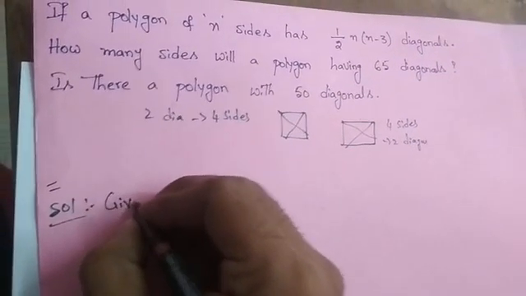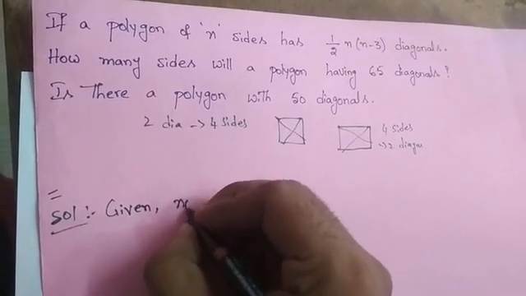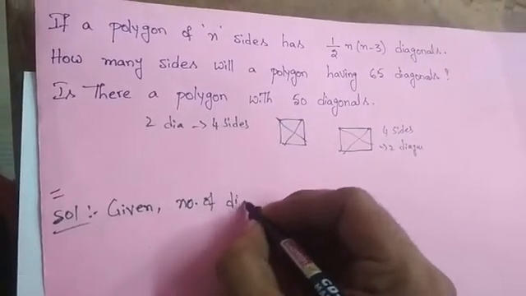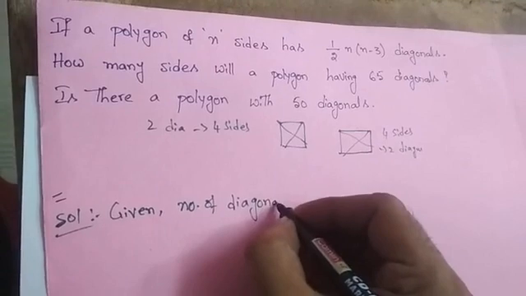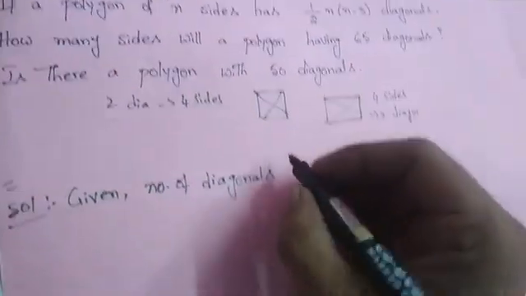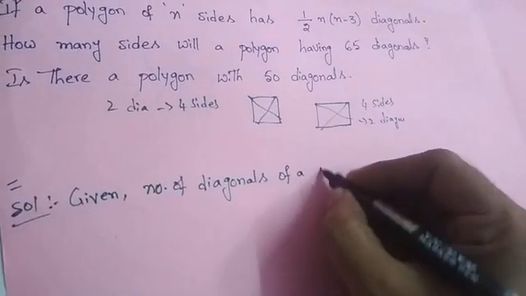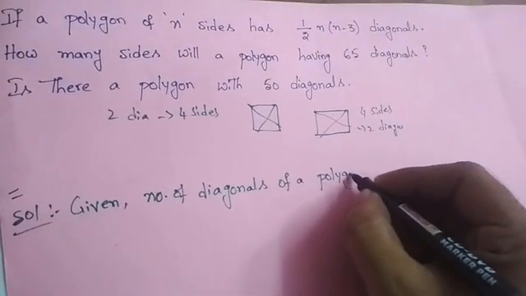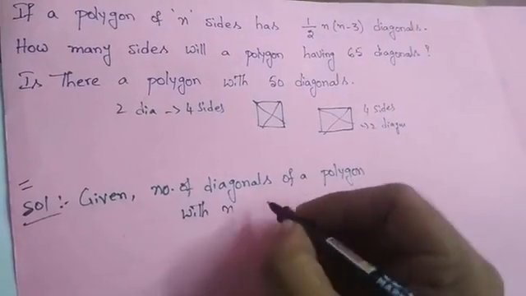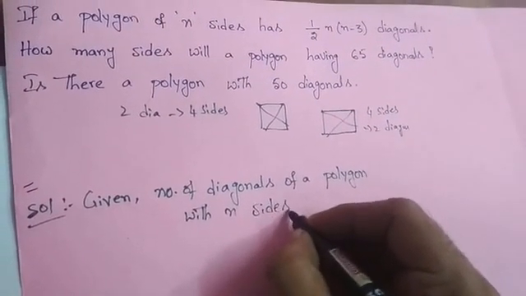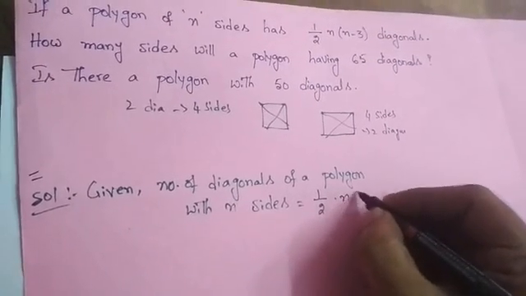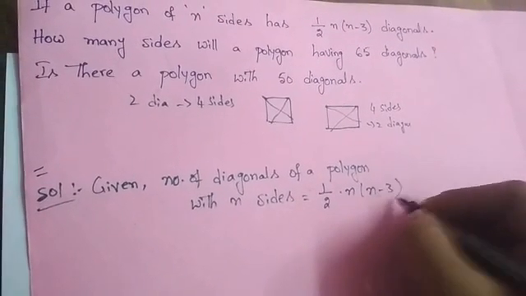See, given the number of diagonals of a polygon with n sides is 1/2 × n(n − 3).